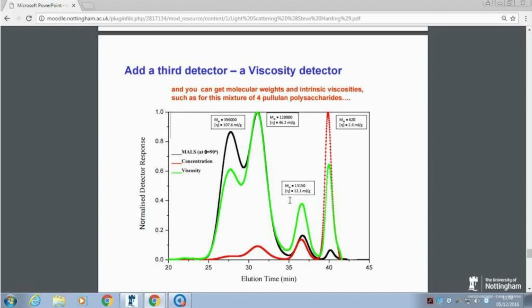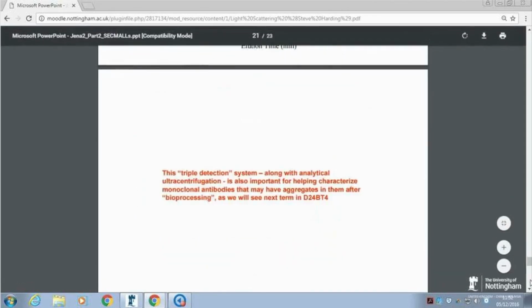Not chromatography by itself, because it has no absolute basis, it needs calibrating. Obviously it's more complicated than that. The theory, if you want to go into it, is much more complex, but that's just enough for you to be able to understand how the system works.